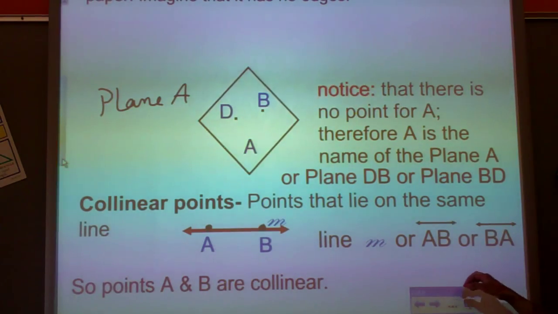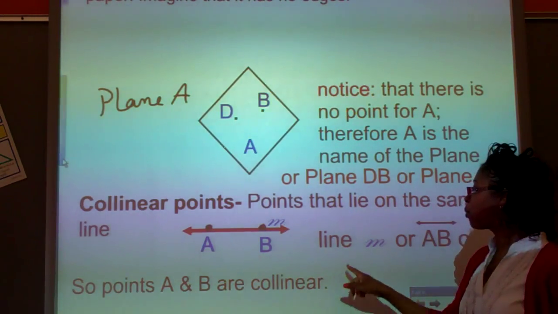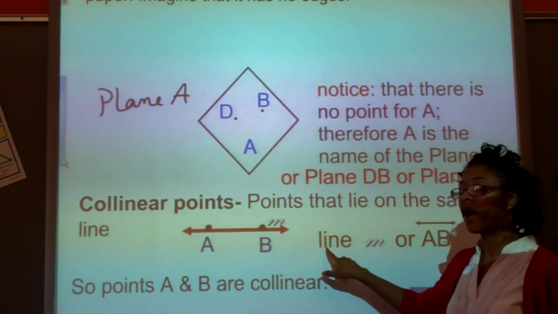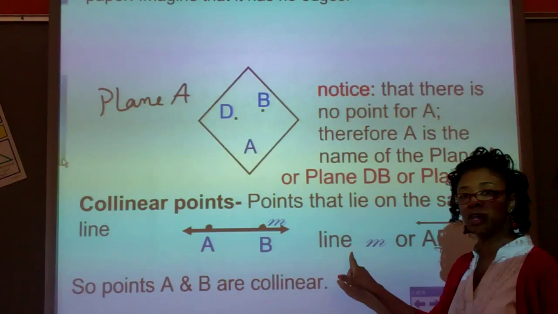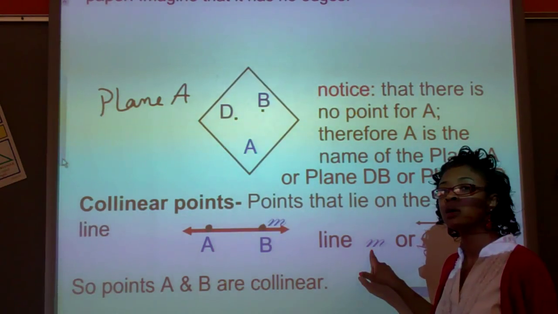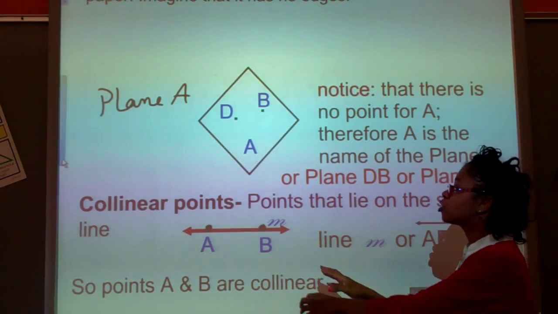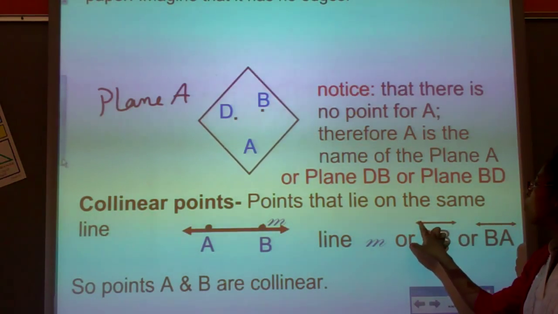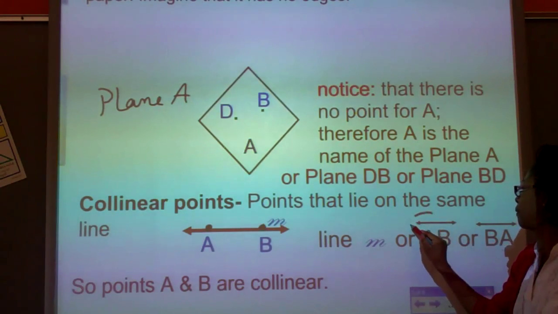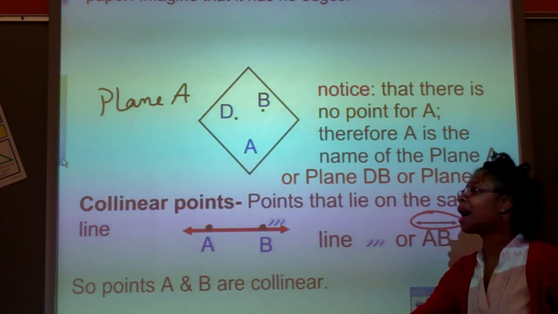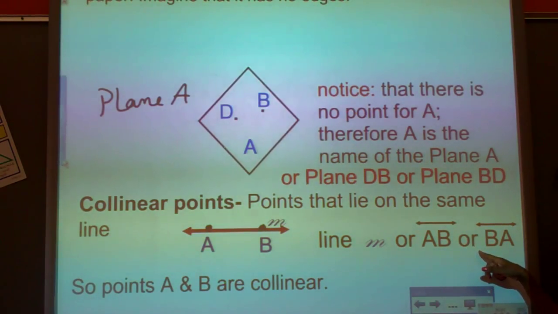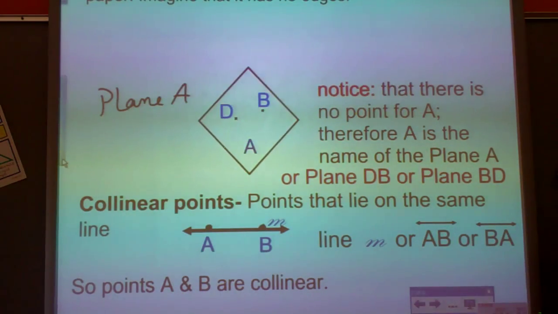So three ways to call this line. We can call it by its cursive letter, and we write the word line. You must write the word line if you call it by its cursive letter. Line M, or you can call it by the two points that are on it with the arrowhead. You must include the arrowhead. We can call this line AB with the arrowhead above it, or line BA with the arrowhead above it. So three ways to name this line.